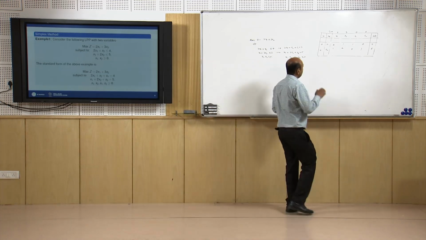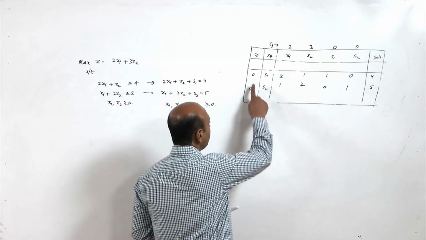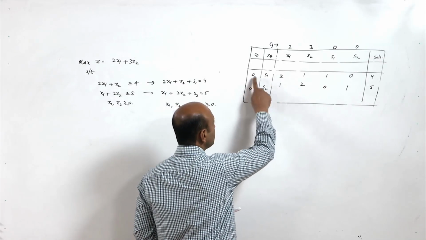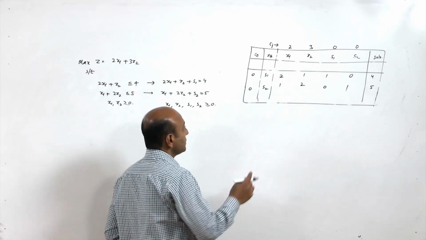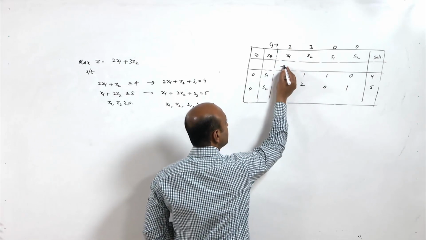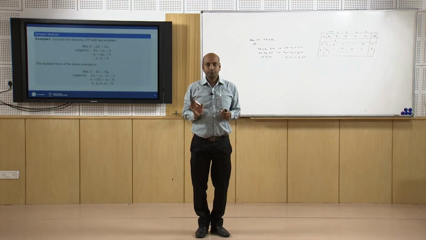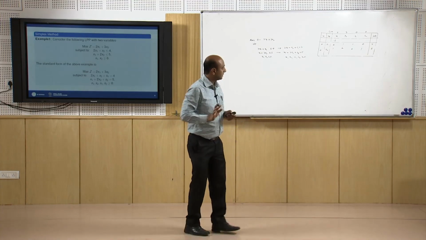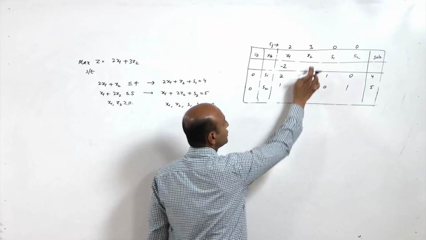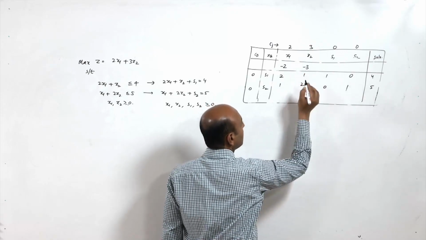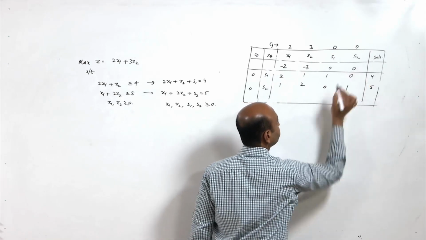Relative profit is obtained by multiplying CB with xj: 0 into 2 plus 0 into 1, that is 0, and this minus Cj, that is minus 2. This is the negative of the relative profit. Relative profit is 2 units. Again, this into this plus this into this is 0, 0 minus 3 is minus 3, 0 into 1 is 0, 0 minus 0 is 0, then 0 is 0.